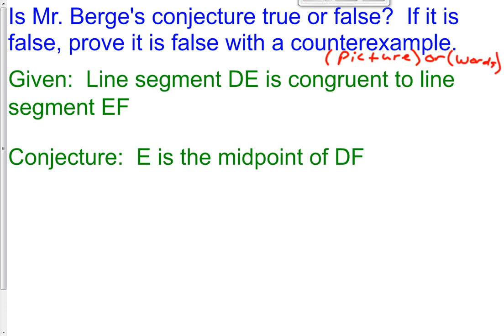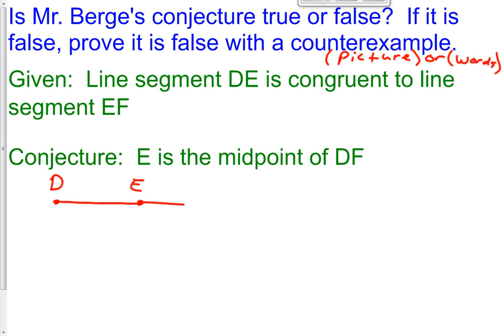Given line segment DE is congruent to segment EF, here's my conjecture: E is the midpoint of DF. So we have line segment DE. I might start to draw this. DE is congruent to segment EF.